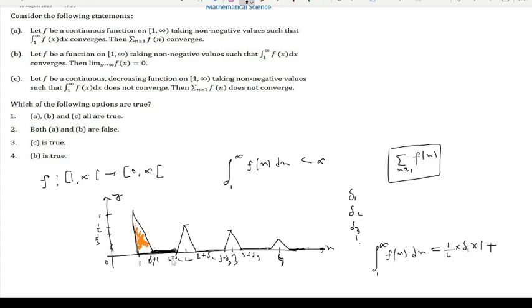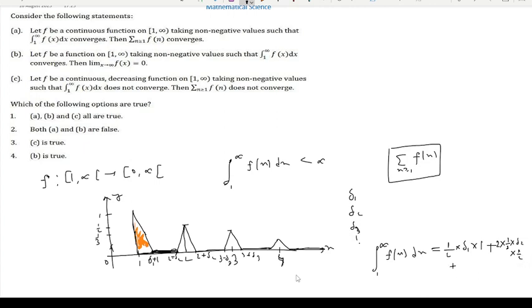This is two right angle triangles, and this is symmetric, the area of the left side is equal to the area of the right side, so this is equal to 2 into the area of one triangle, so half into base, which is delta 2, into height, which is half.